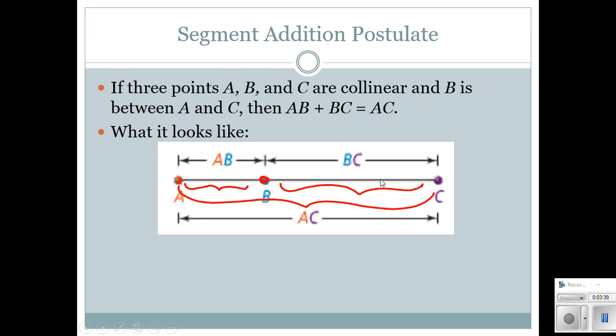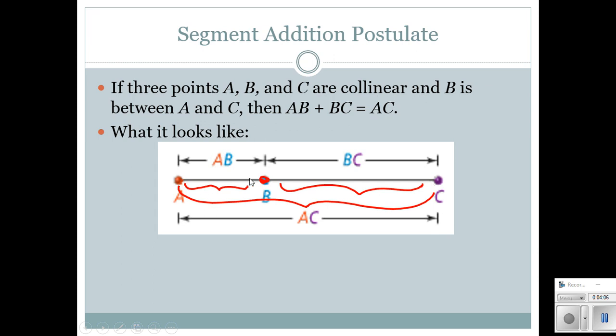When you have line segment AC, and you have a B here, and if they're collinear, which means they are next to each other on the same line, co means together, linear, line, same line, that means AB plus BC equals AC, right? That's called the segment addition postulate.